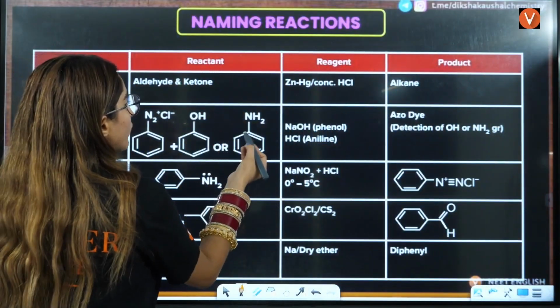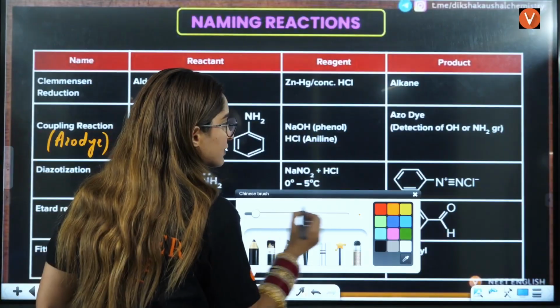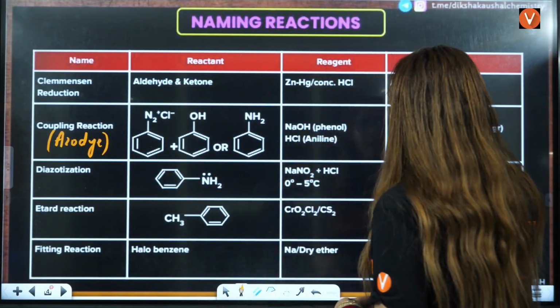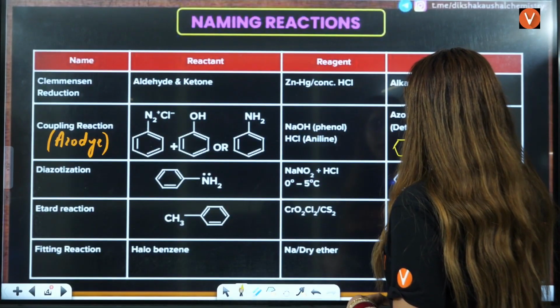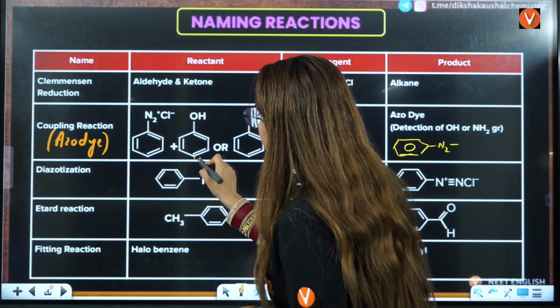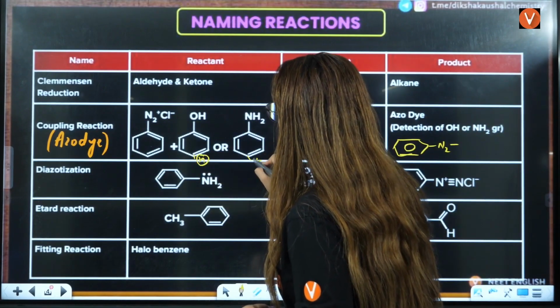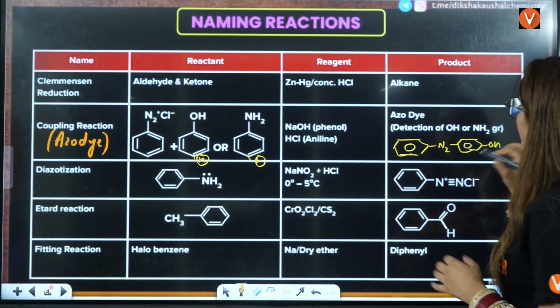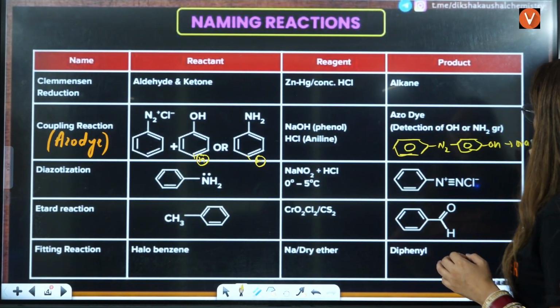With phenol, you will have this kind of dye, where this is N2, and from the para position hydrogen will be taken out. So with phenol, this is OH, and you will have an orange color of dye.